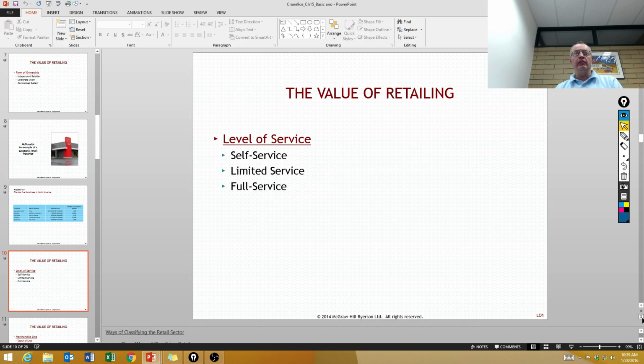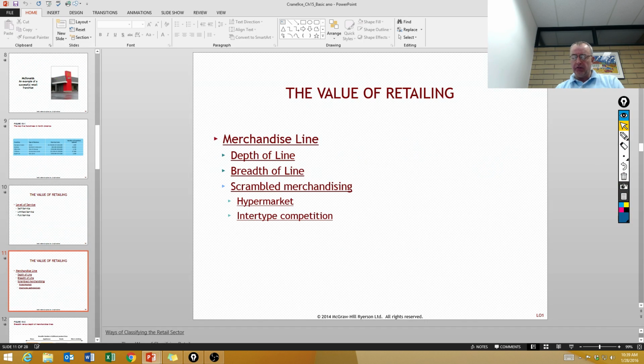Okay, and then the final way we can classify retailers is by merchandise line. When we speak about merchandise line, we refer to the breadth of the product line and the depth of the product line. The breadth is the number of different types of products.